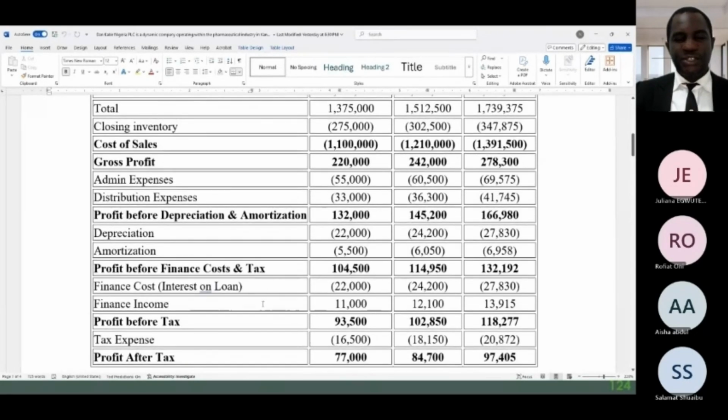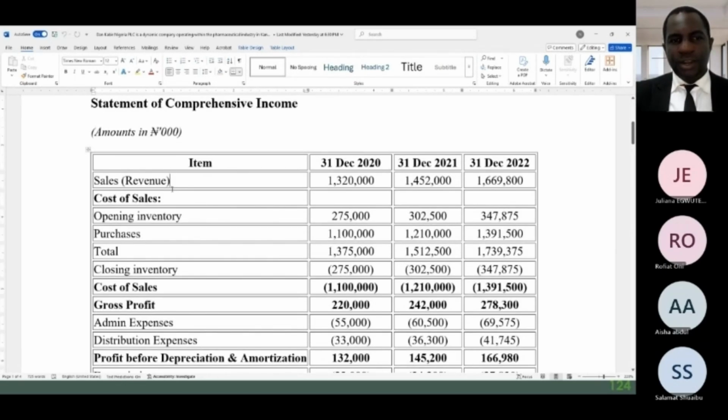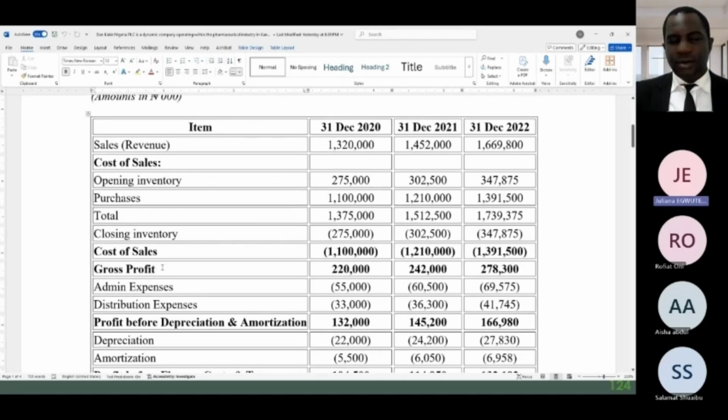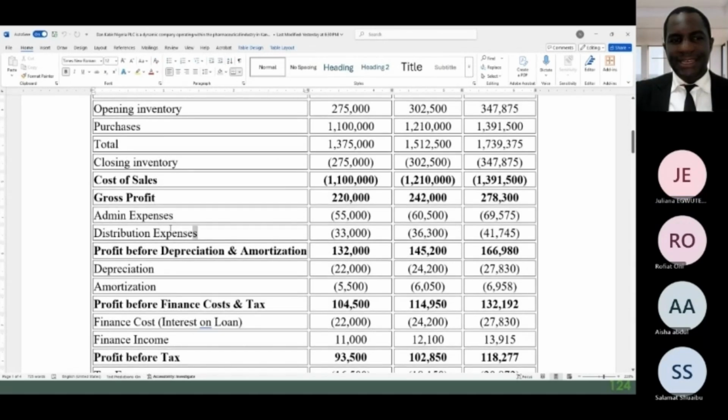I expected that question. If you look at the normal statement in IFRS compliant format, the first thing you have is revenue, then cost of sales. After cost of sales, you have gross profit. After gross profit, you have your indirect expenses, which have to do with admin and distribution. Now, the normal IFRS does not have depreciation and amortization first.